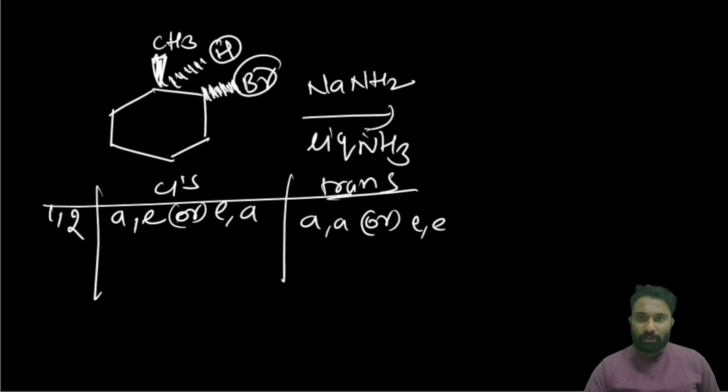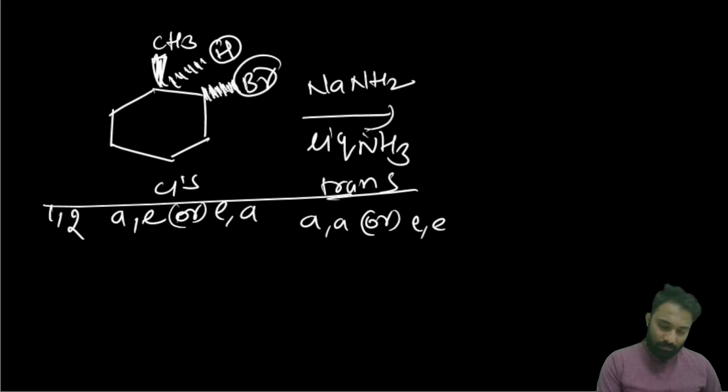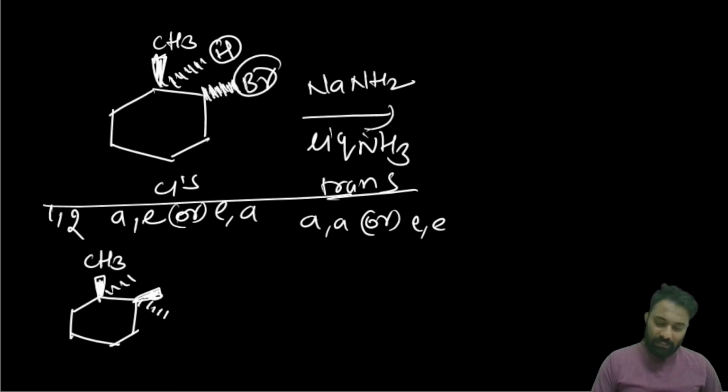Sir, if you don't know that, listen and remember. On cyclohexane, no, those are not trans. This hydrogen and the bromine are cis to each other. Because on any cyclohexane, either two dotted or two wedge, if they are given like this, it represents cis.